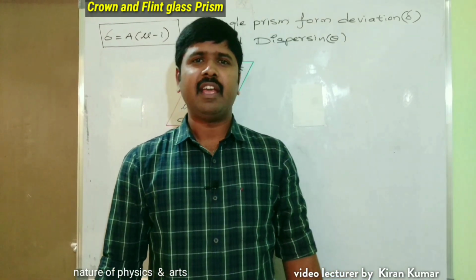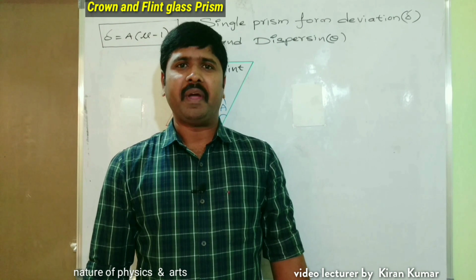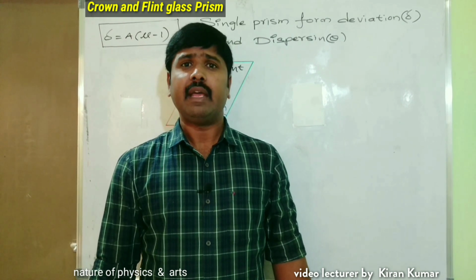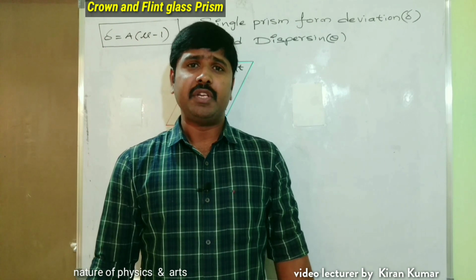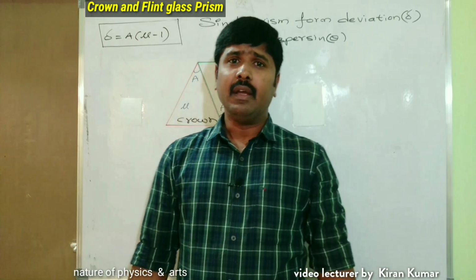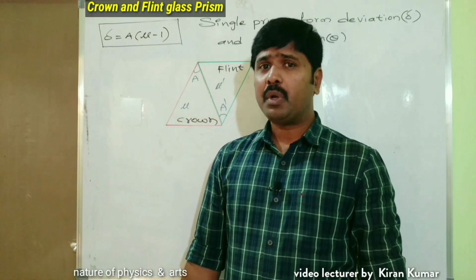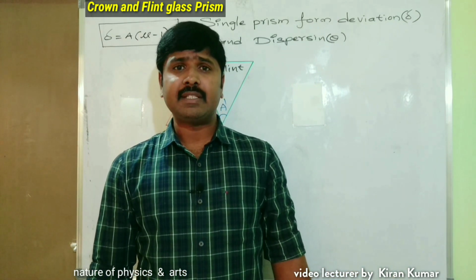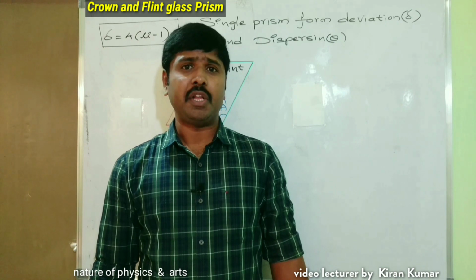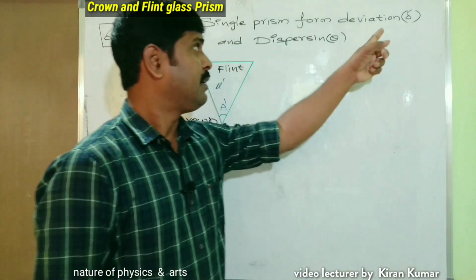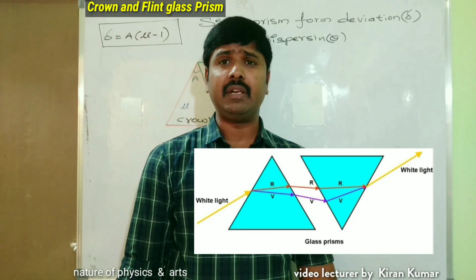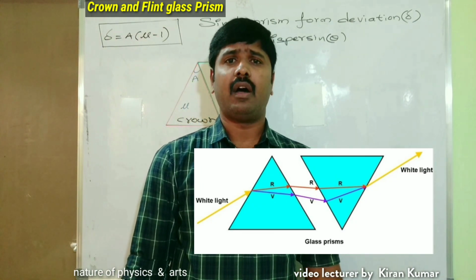Now, single prism. When light passes through the single prism, then light gets deviation and dispersion. Both phenomena take place due to the single prism. Deviation is del and angular dispersion is theta.